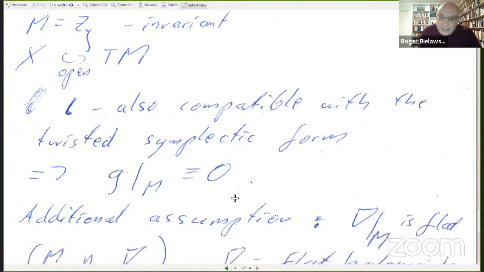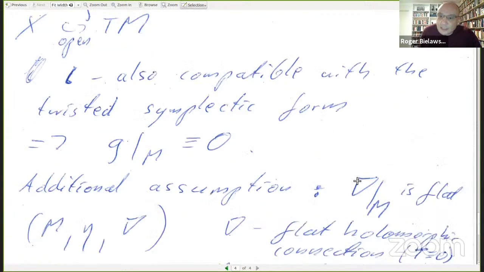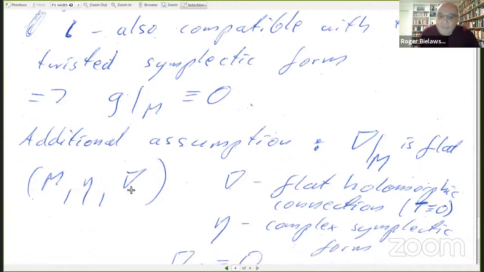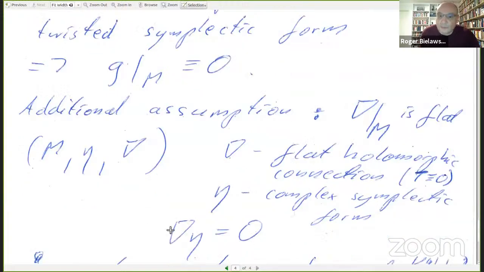And then they have the additional assumption that this Levi-Civita connection restricted to M is flat. I mean, this arises from them, but let's say we assume this, right? That the Levi-Civita connection restricted to M, or the Obata connection, is flat. So what we actually have on M is a holomorphic symplectic manifold with a flat holomorphic connection which preserves the complex symplectic form.